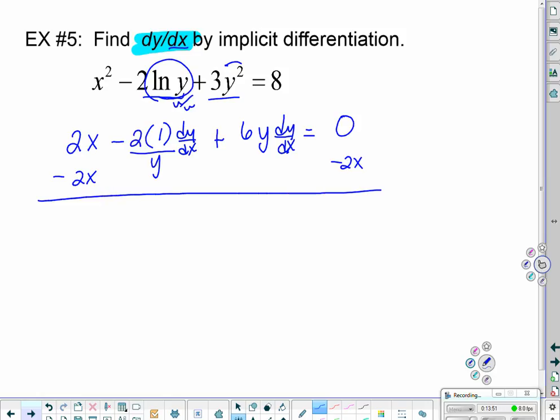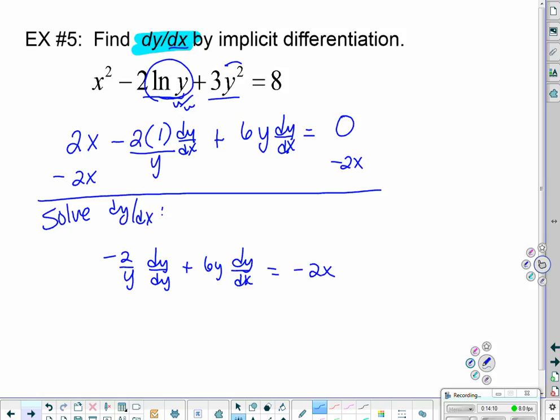Remember, when we're in this mode now, we're just solving for dy dx. And that's going to give me negative 2 over y dy dx plus 6y times dy dx equals the negative 2x. I notice we have a GCF.